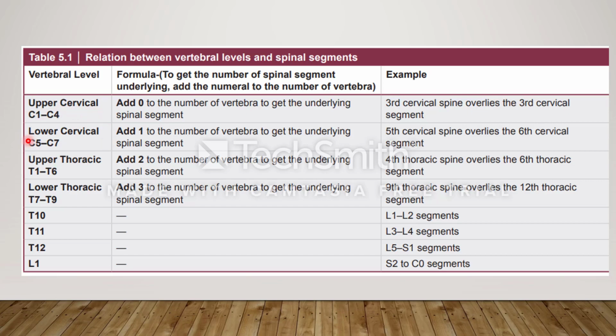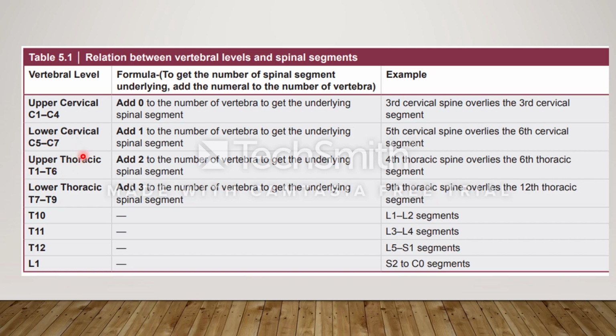But in the lower cervical part, C5, C6 and C7, we have to add 1 to the number of the vertebra to get the underlying spinal segment. For example, if there is the C5 vertebra, then there will be the C6 spinal nerve. C7 vertebra, so there will be C8 or the 8th cervical nerve.